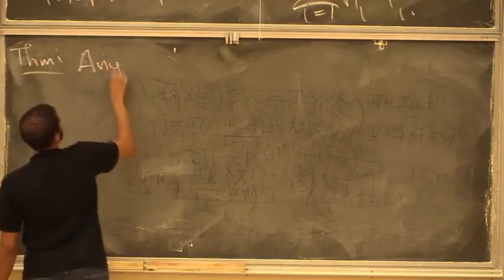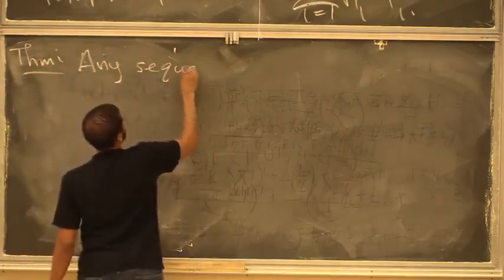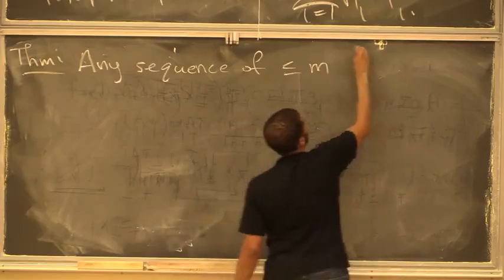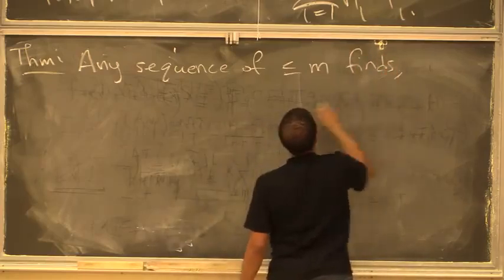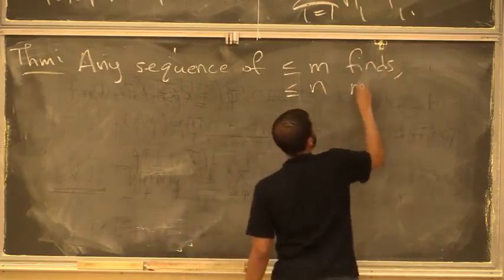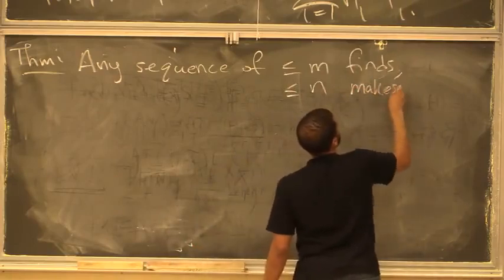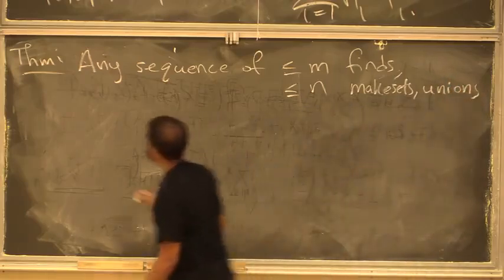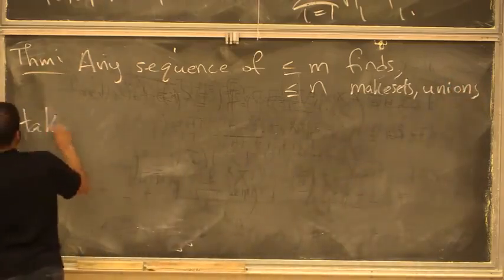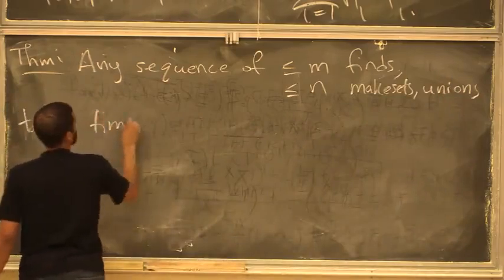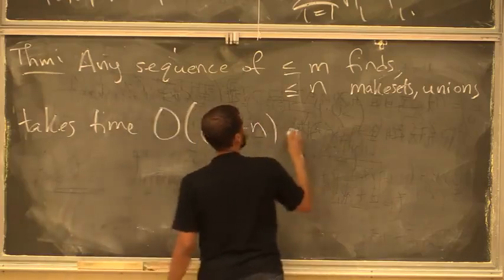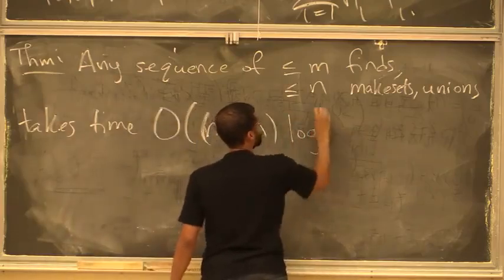Any sequence of at most m finds and at most n make sets and unions takes time big O of m plus n log star n.